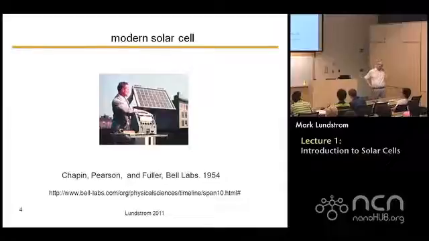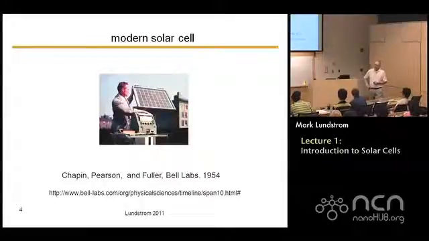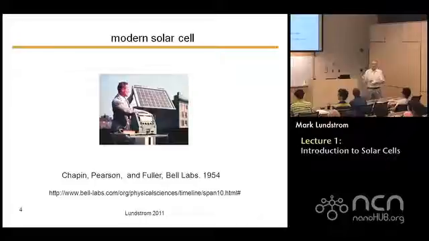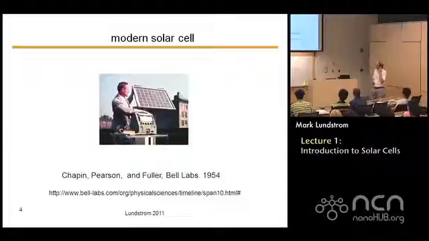But it really wasn't until the 1950s, after the invention of the transistor and semiconductor technology was perfected at Bell Labs, that people started to make reasonably good solar cells, and the field started to be taken seriously as a means of generating electricity. So the first work was done in 1954 by a team at Bell Labs.